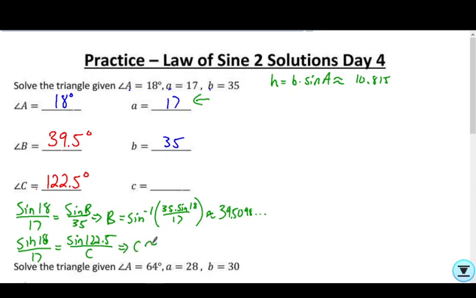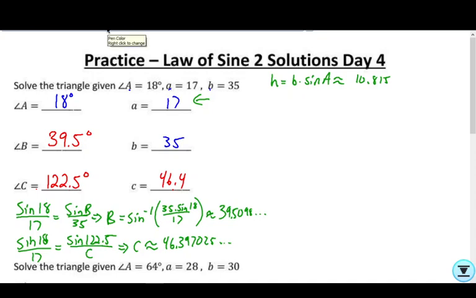So we find that C is approximately 46.397025, and we round it to the tenth, and we get 46.4. Okay, and our angles make sense. Biggest angle, biggest side, side C, smallest A, smallest side, works out perfect.